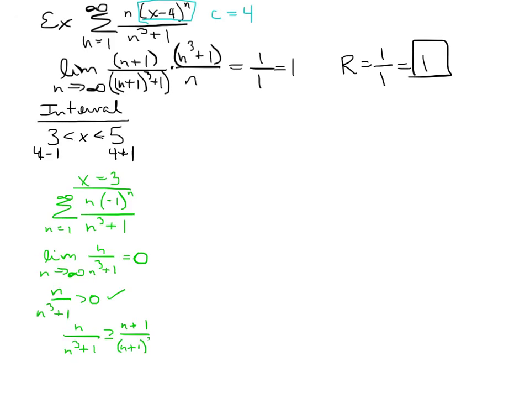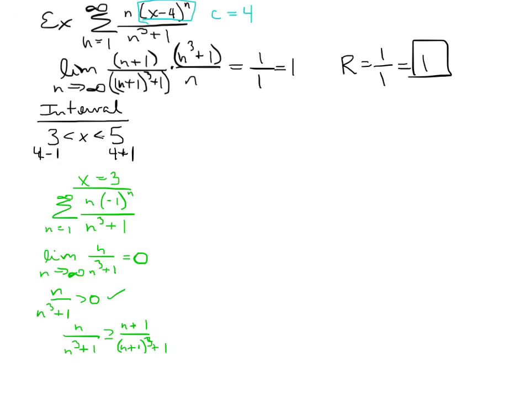So if I plug in n plus 1 for all the n's, that has to be less than the term before it. Now the n plus 1 is bigger in the numerator, but in the denominator, I plug in n plus 1 and then cube it. That is something that's way bigger, and so the denominator would be way bigger and the whole thing would be smaller.